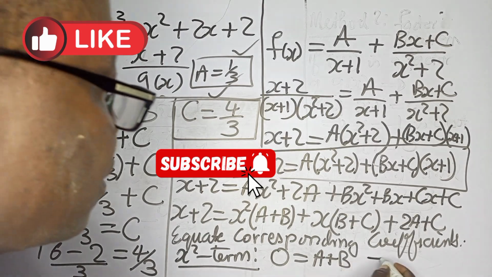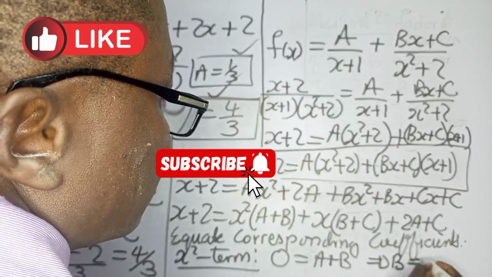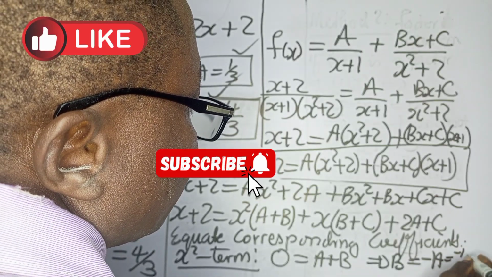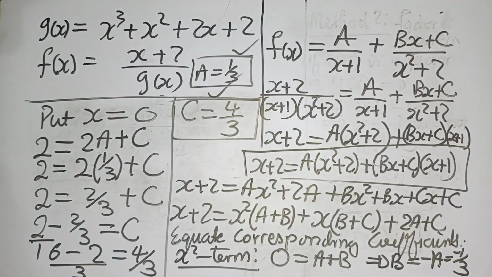So from here, we now see that b is just negative a. So b is negative 1/3.